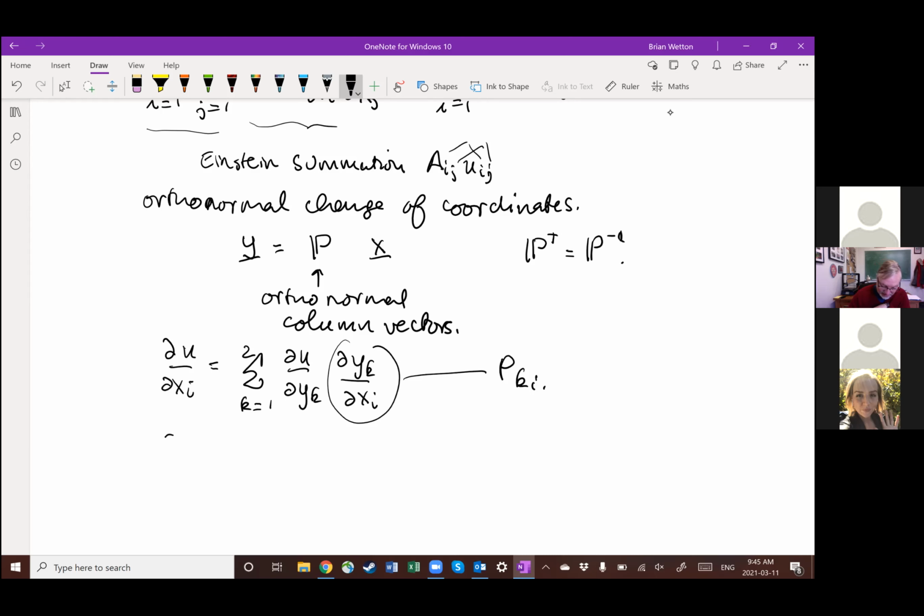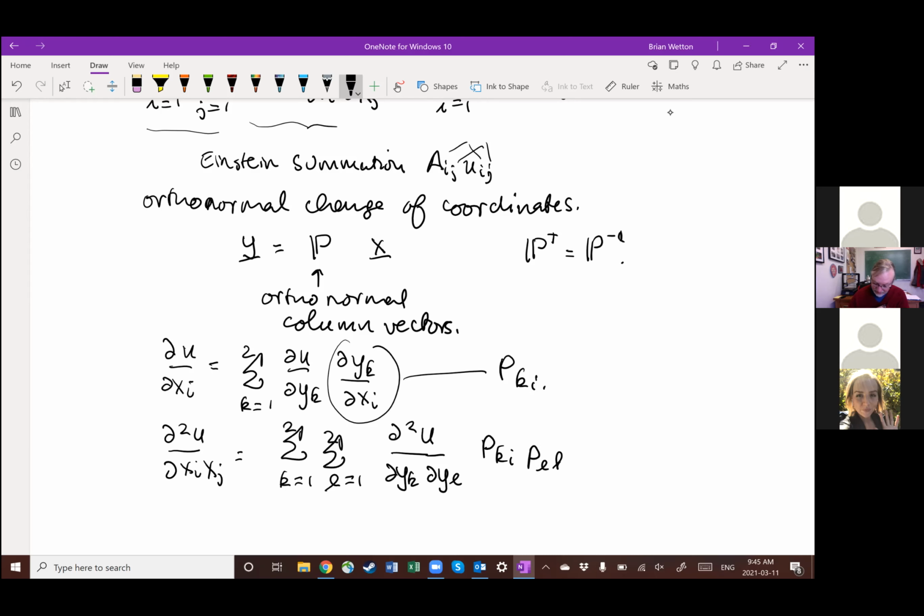Okay, and if I take the second derivative with respect to xi and xj, then I have to take all of these things and do the chain rule on them, right? So I'll have 4 terms. I'll have d2u dyk dyl, and I'll have pki plk.